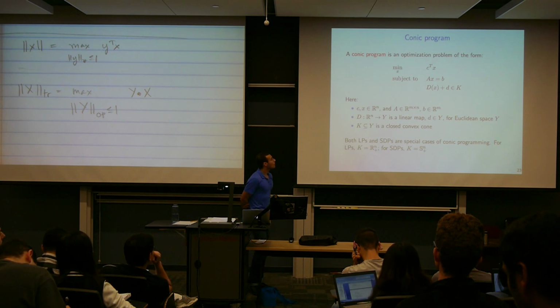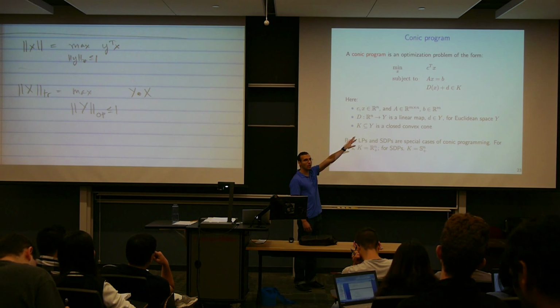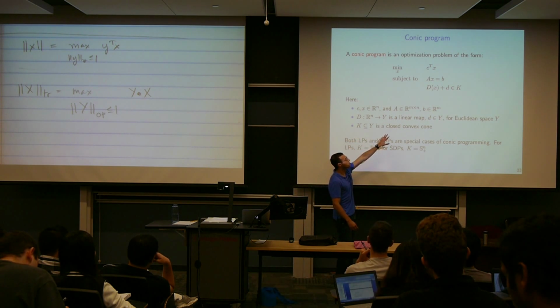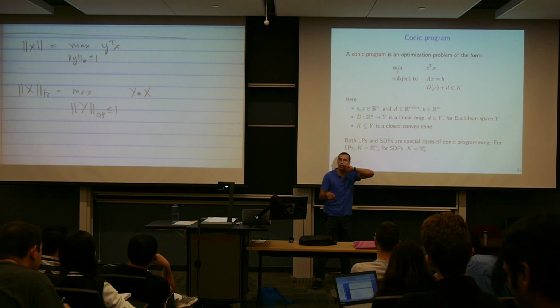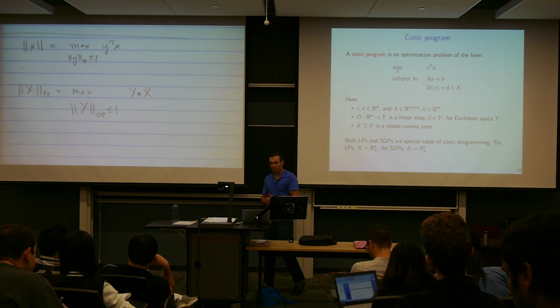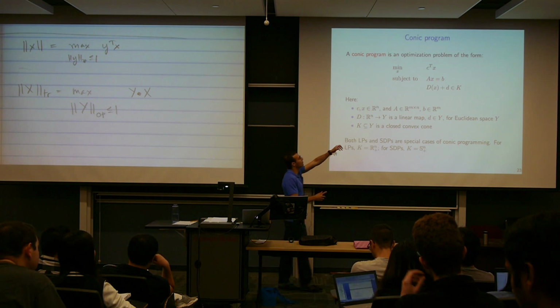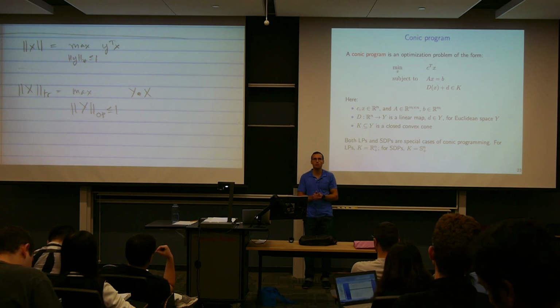Cone problems just take the linear inequality constraint, say Dx less than or equal to d, and they take that less than or equal to sign and replace it with a conic less than or equal to. What the Boyd and Vandenberghe textbook does is define a bunch of partial orderings over cones and introduce a new notation for less than or equal to, but for cones.